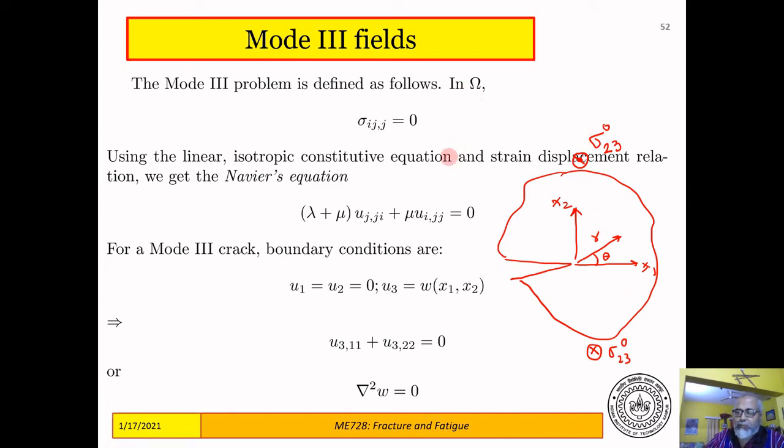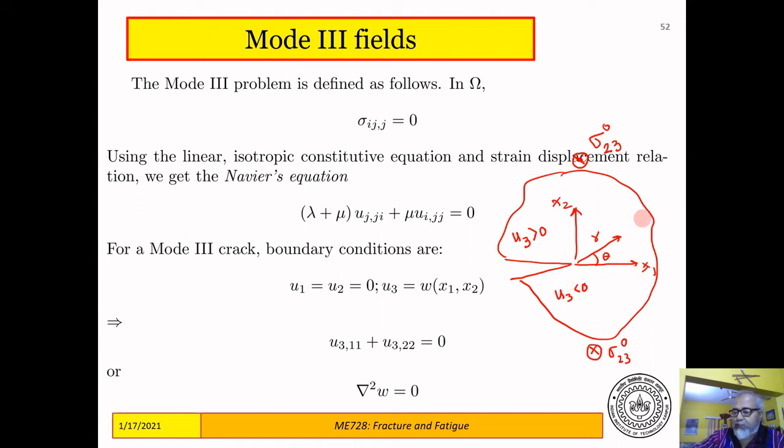So it's coming out of the slide on the top and going into the slide at the bottom. What you are trying to do is the upper part is trying to come out towards you. So U3 is positive here towards you, and U3 is negative here away from you, and that is what is going to make the crack move in a straight line.